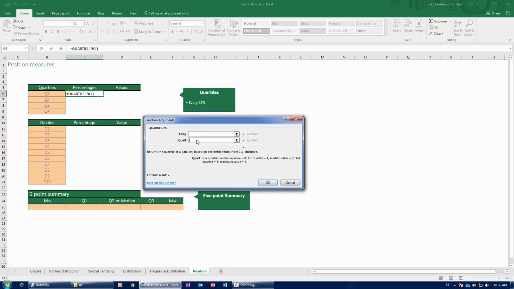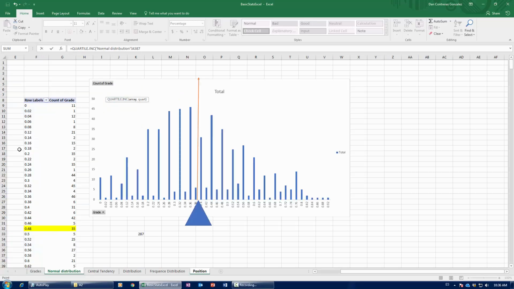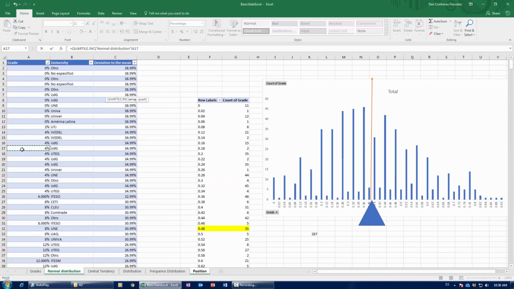Notice how the quartile here is asking for 0, 1, 2, 3, and 4. So what that means is that we have to figure out that we want the first, second, third, and fourth quartile. And the value is actually going to be quartile inclusive. Let's use quartile inclusive. I'll explain that in a little bit. Let's go over here to normal distribution and do the quartile exercise.